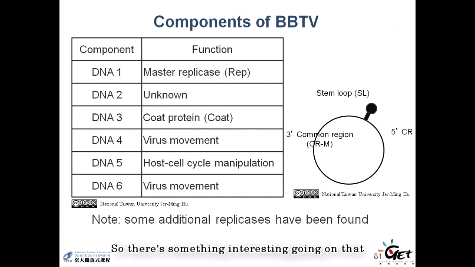So there's something interesting going on: all the different components share something, but the coding region is different. Is there any concerted evolution among those common regions, or is there any recombination going on in those common regions?